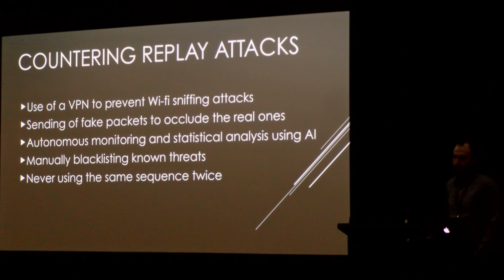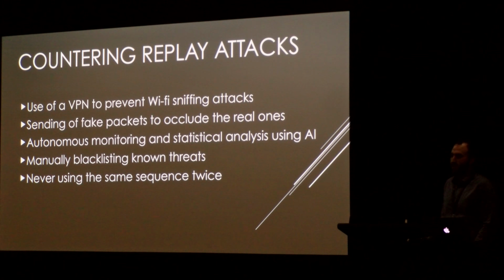So there are other ways you can counter this. You can use a VPN if you're on Wi-Fi. You don't want Wi-Fi sniffers having a look at the headers to figure out what you're sending. You could send fake packets to cloak the real ones. I'm actually doing a degree majoring in AI, so I'm going to take this idea and really look into some of the more commercial applications, like Troy Wilkinson mentioned before.